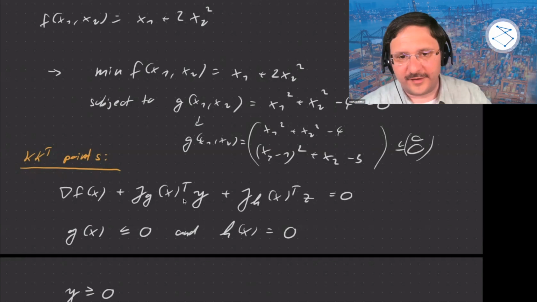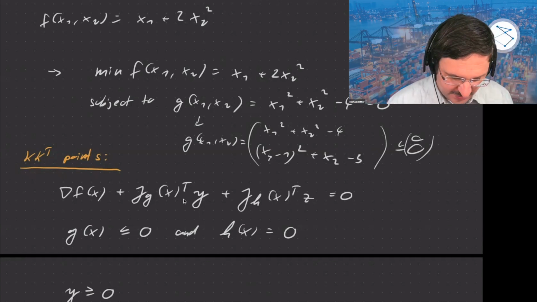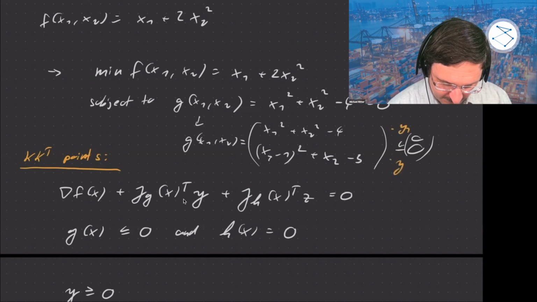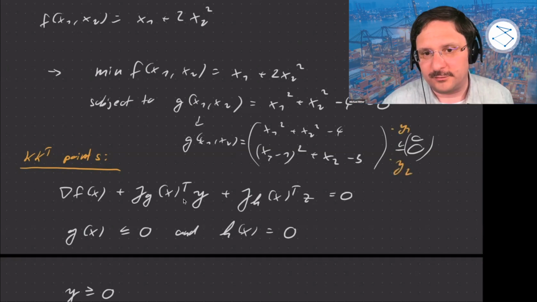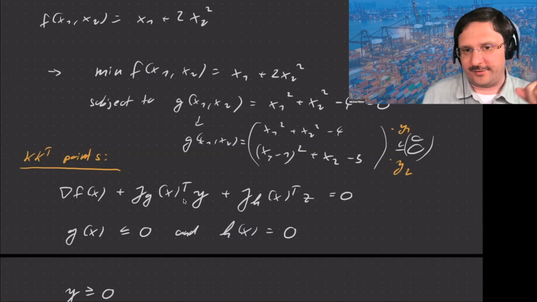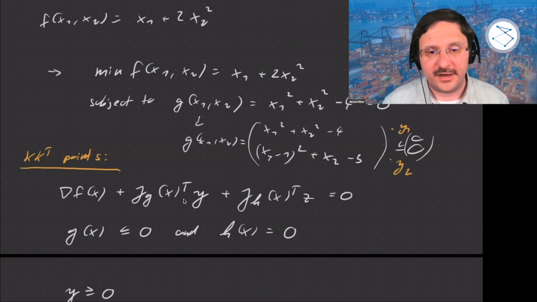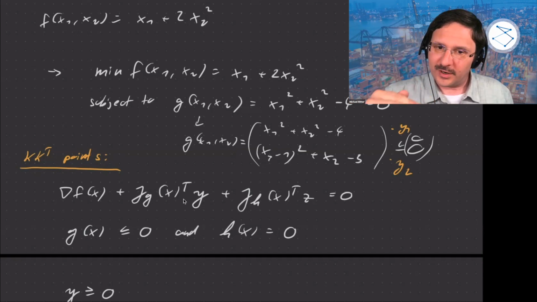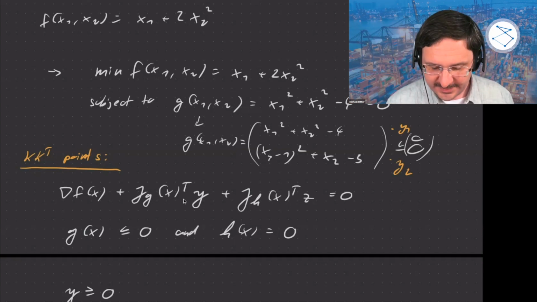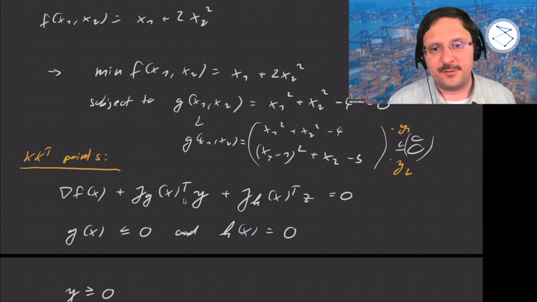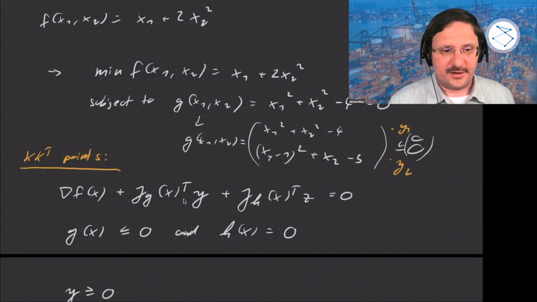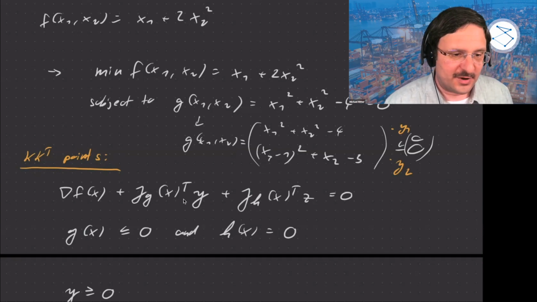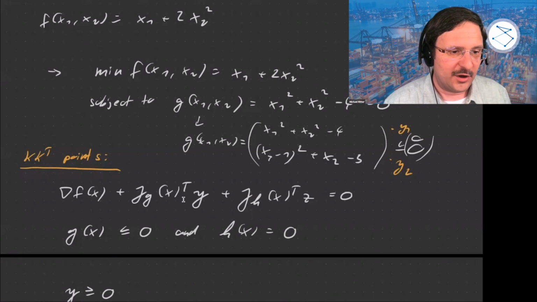So you get a vector valued function instead of a real valued function. And then you would get one multiplier per condition. So in that case, you would have two multipliers, right? Same thing for the equality constraints. H could also be a vector valued function, one component per constraint, and you would have one multiplier per constraint. And as you can imagine, that might make things more uncomfortable.